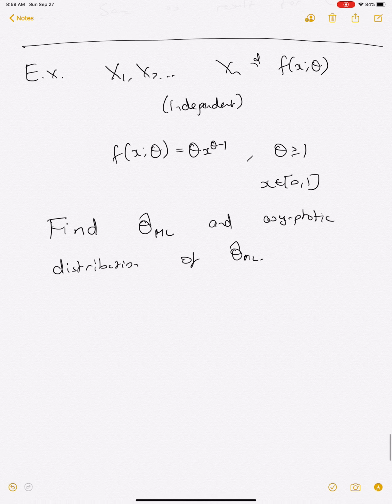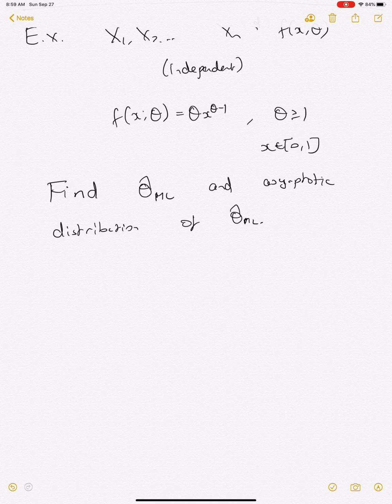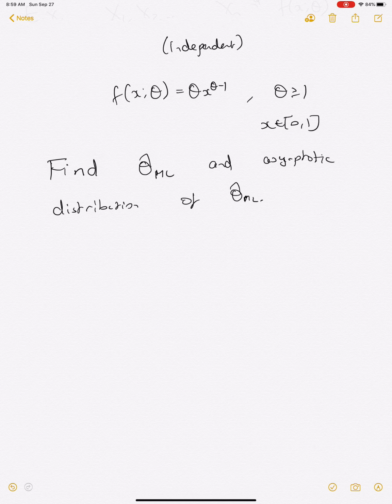So we want to find theta hat ml and its asymptotic distribution, like we've done before. So we know that the asymptotic distribution satisfies... this is just putting together calculations we've already done.